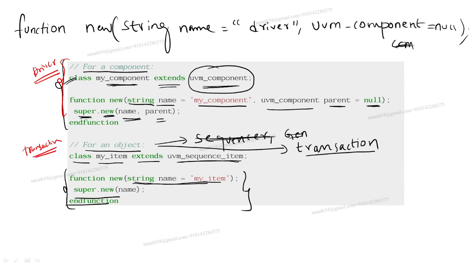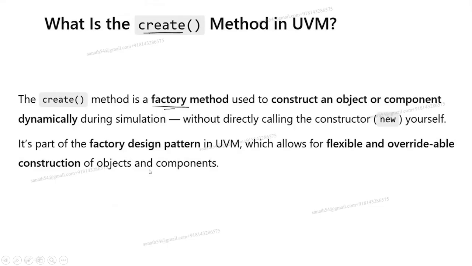Same thing as I told you: create is a method. In SV you use the new method for creating an object or instance, but in UVM we use a keyword called create.